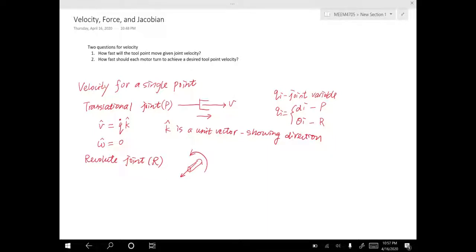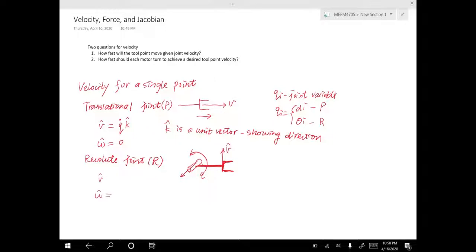This rotation theta is my qi, which is my joint variable. This revolute joint is connecting to an end effector, for example a grasper. I draw it this way because this is an end effector, and the end effector is connecting to this revolute joint.